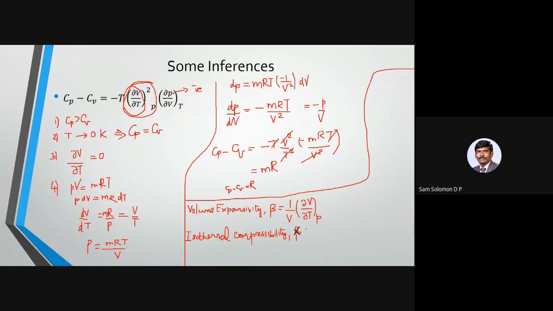This is denoted in terms of K suffix T. K suffix T is isothermal compressibility, and this is defined as minus 1 by V partial V by partial P at constant T. Okay, these two definitions I want you to remember. One is 1 by V partial V by partial T at constant P, which is your beta, and the other one is minus 1 by V partial V by partial P at constant T.